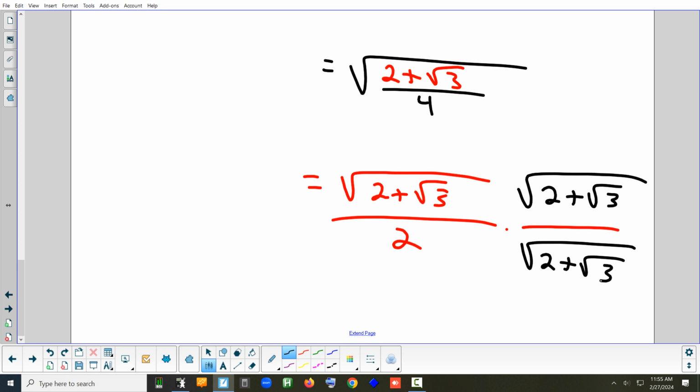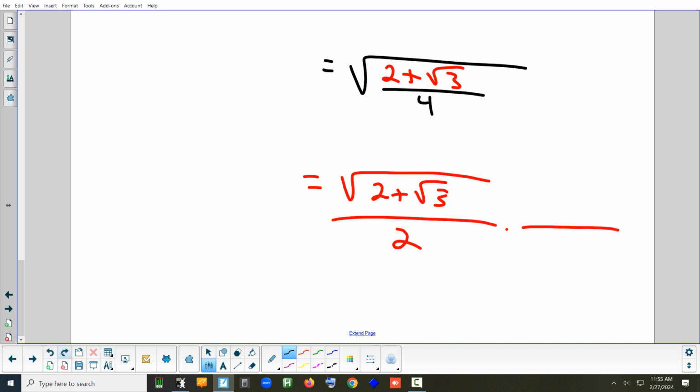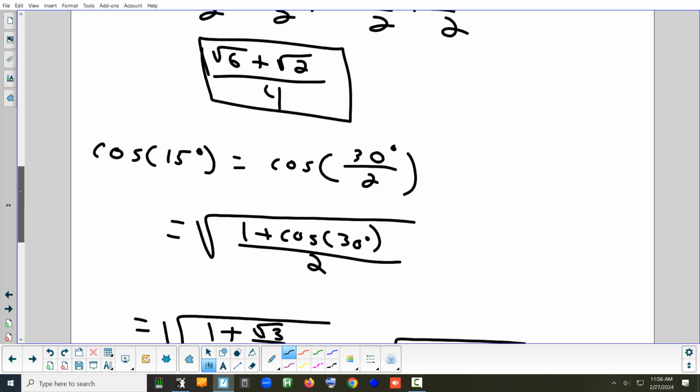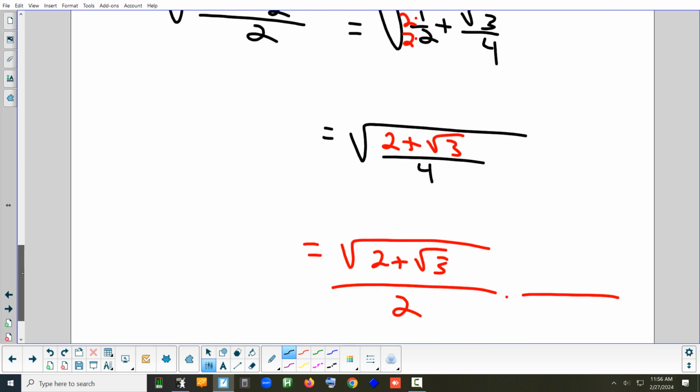Any other ideas? There has to be a way somehow to make that look like that. Multiply the top and the bottom by 2. Yeah, 2 over 2. You can do that. At least that makes the bottom a 4, which is what you want.